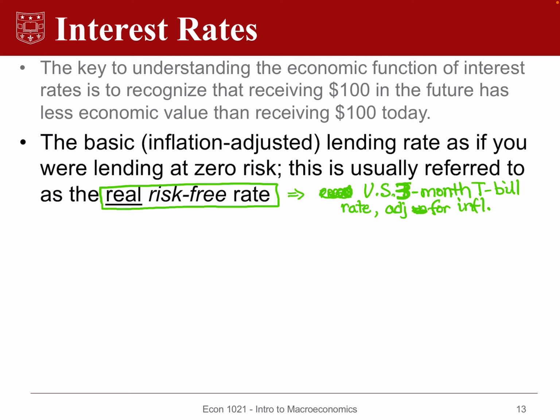So if you had a 3 month treasury bill, it would mean that you buy the little piece of paper, the IOU from the federal government, you hold it, say, for 3 months, and in 3 months, then you get the money you gave to the government back with some interest.